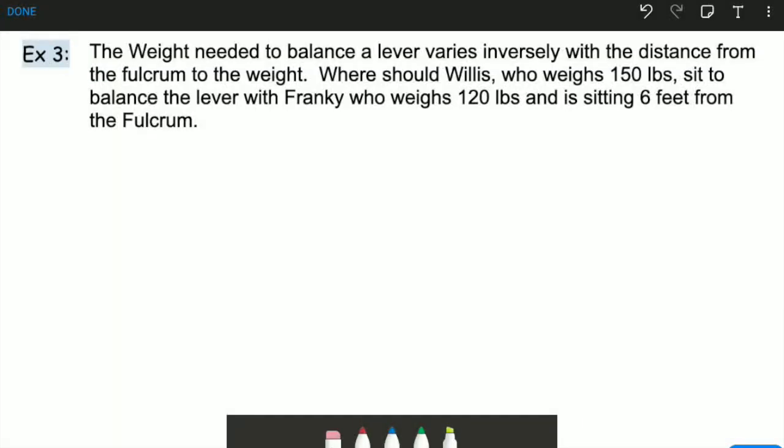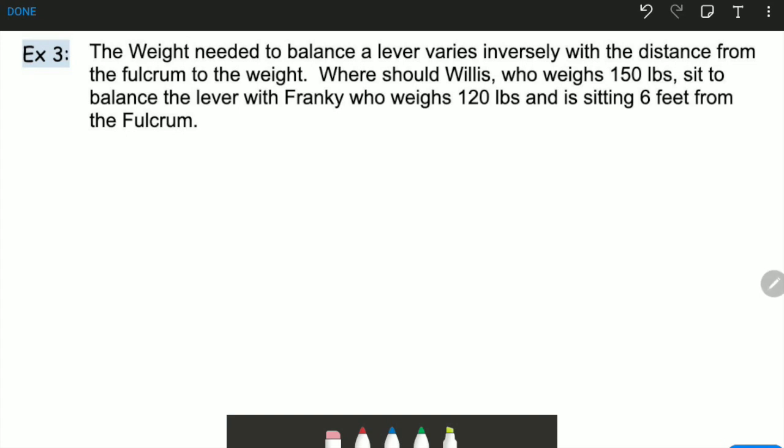Okay, in this example, we have the weight needed to balance a lever varies inversely with the distance from the fulcrum to the weight. Where should Willis, who weighs 150 pounds, sit to balance the lever with Frankie, who weighs 120 pounds and is sitting 6 feet from the fulcrum?